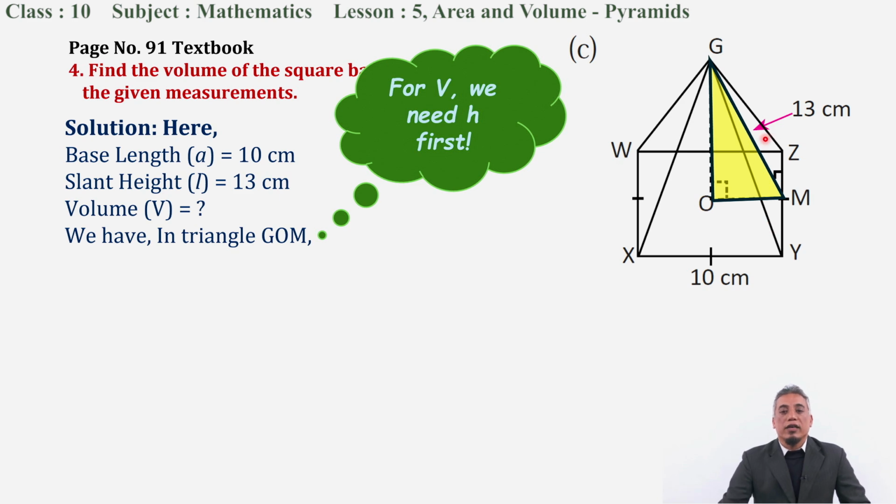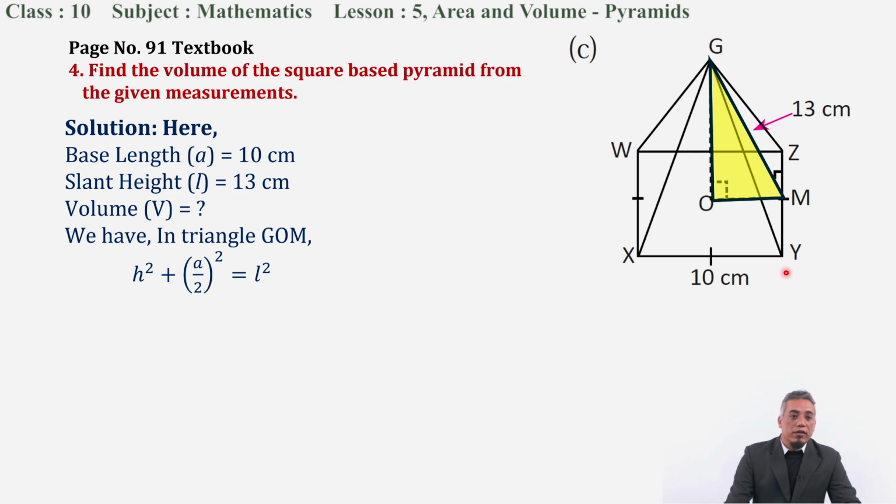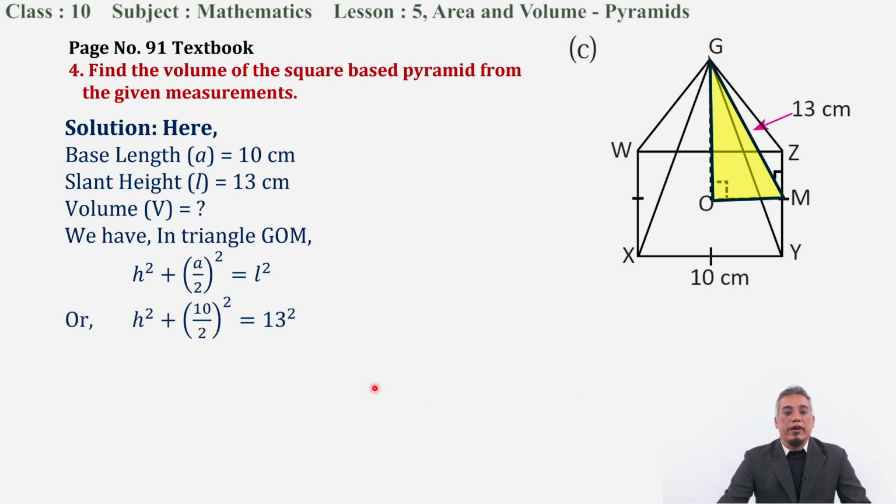In this triangle, there are three sides. OM is A by 2, GO is H, and GM is L. So the relation we have discussed earlier, it is H square plus A by 2 whole square equals L square. When we substitute the available values, A is 10 and L is 13, we get 10 by 2 is 5 and it will be squared, and 13 square is 169.